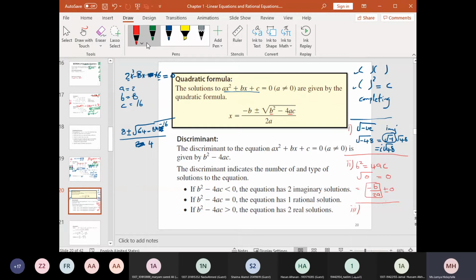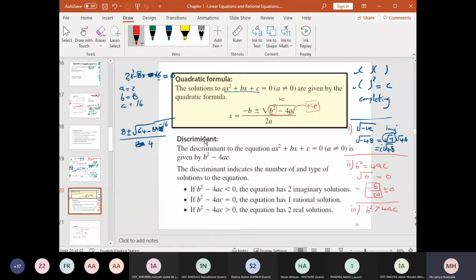When do I have two different solutions? When b square is greater than 4ac. If it is greater, the number will be positive. The quantity here will be positive. So the square root of a positive quantity, I can find it using the calculator, correct? So it will be minus b plus or minus a number, let's say k, and then over 2a. Then with the plus k, and the next time I solve it will give me minus b minus k over 2a. The first solution is minus b plus k, the second solution is minus b minus k, over 2a.